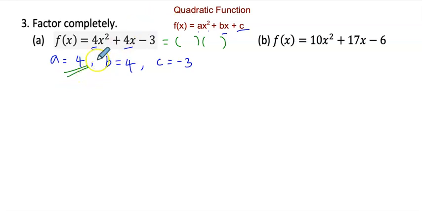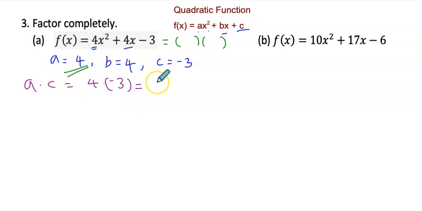So, what do you do in the first step? In step 1, find the product of a and c. So, what is a times c? That is 4 times negative 3. I'll always use parentheses whenever I am dealing with negative integers.